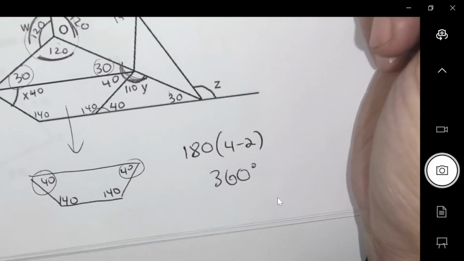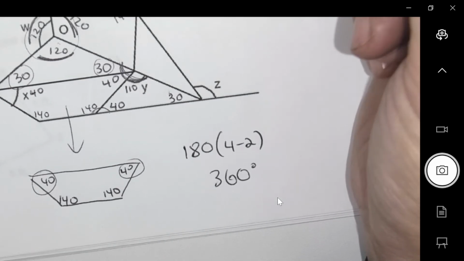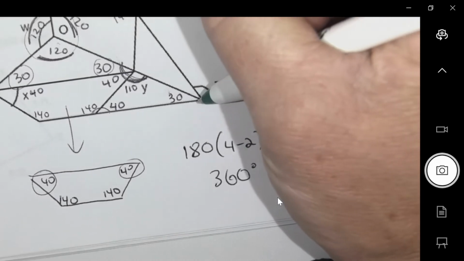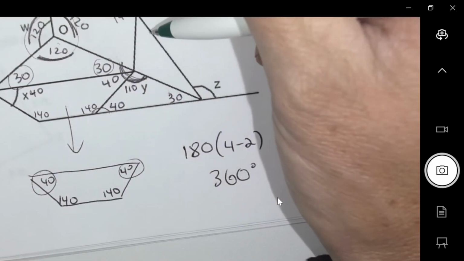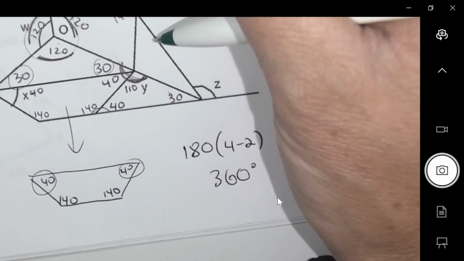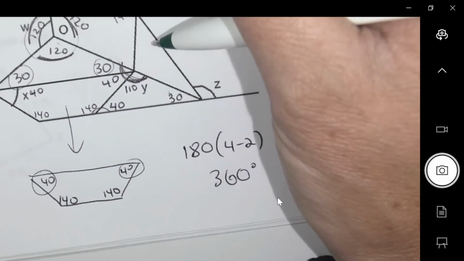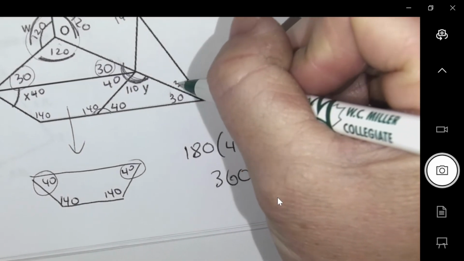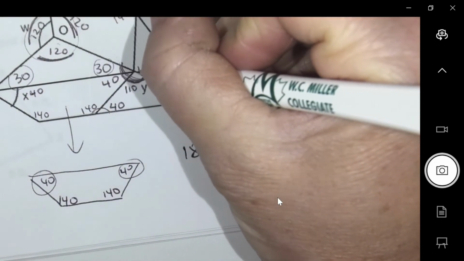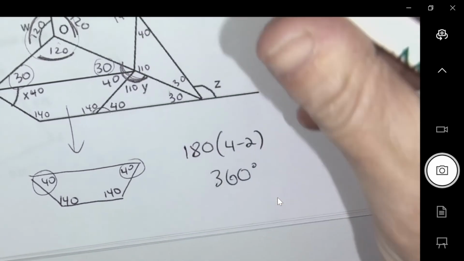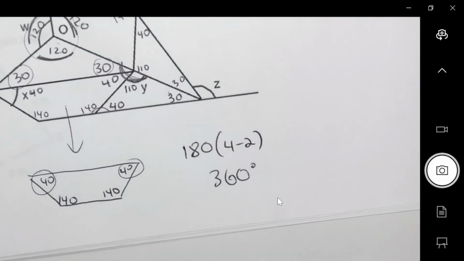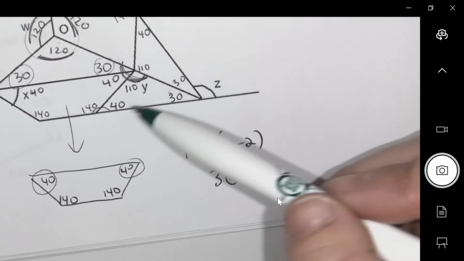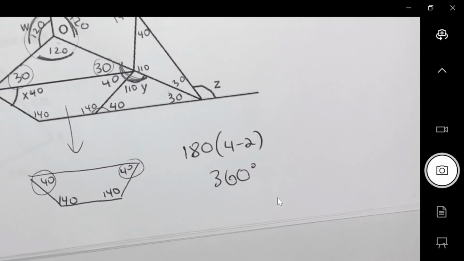What else do we got here? I think that we can say that these are symmetric. Yeah, because of how it's set up there, those would be symmetric.